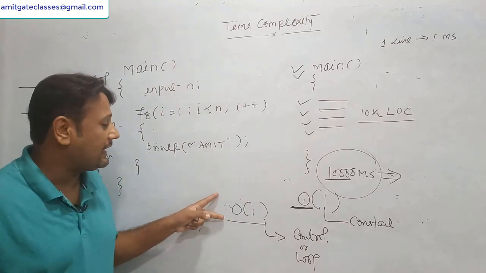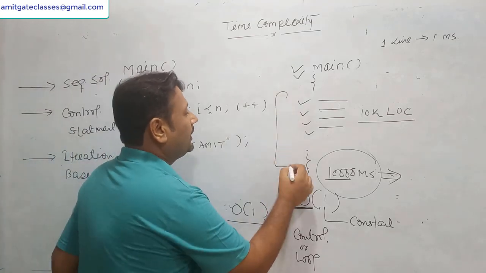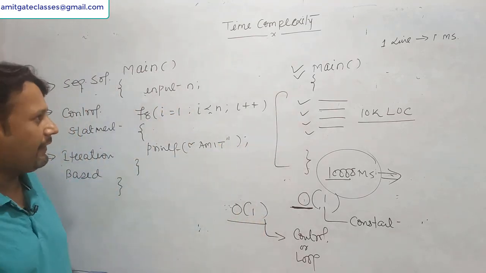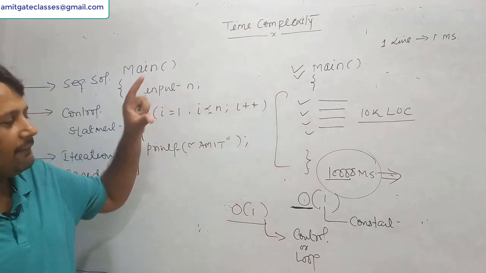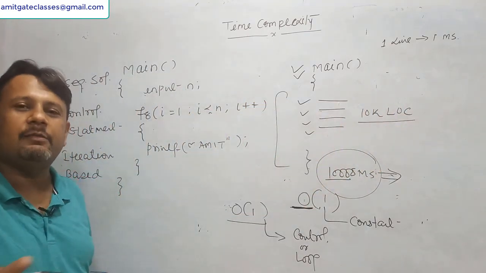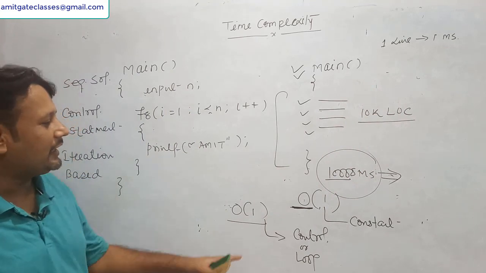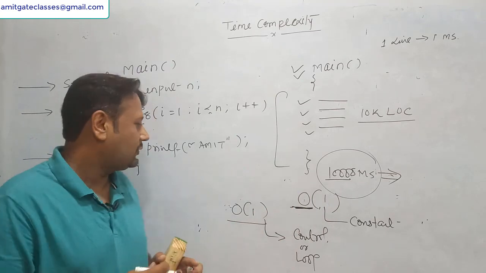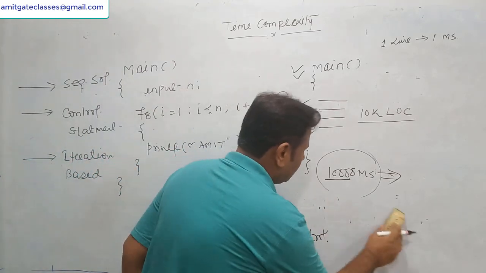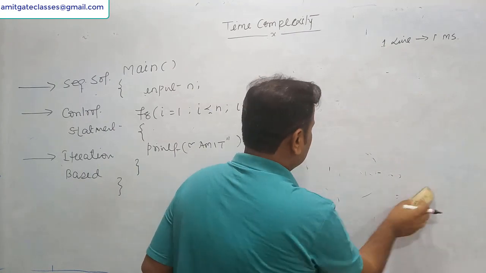Any program can have constant time if we can analyze how many times it is going to run, and every time it takes the same amount of time, and that time is known to us, so we can say order of 1. So if anybody gives you any program, you can answer this question in 1 second.